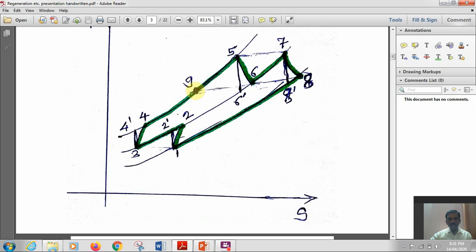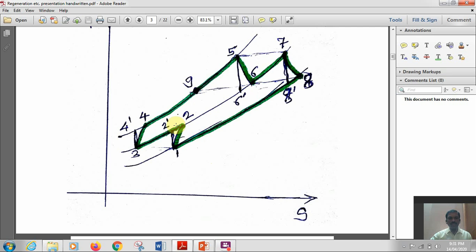9 is regeneration. I'll come to the temperature at point 9 later on. Then from 9 onwards, combustion chamber heat addition. 5 to 6 is the actual process I am explaining, ideal let it be. T5 to T6 expansion, 6 to 7 reheating, 7 to 8 again expansion. This is in the high pressure turbine, this is in the low pressure turbine, and 8 to 1 is heat rejection.